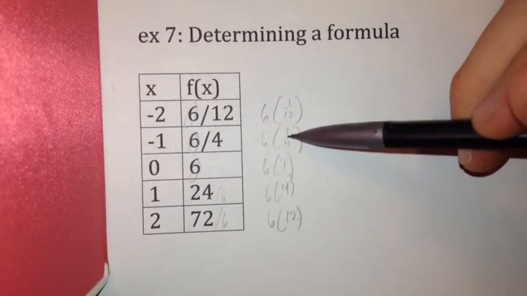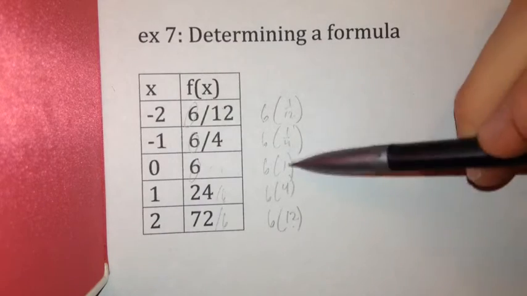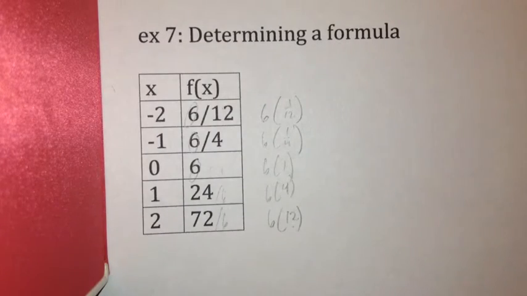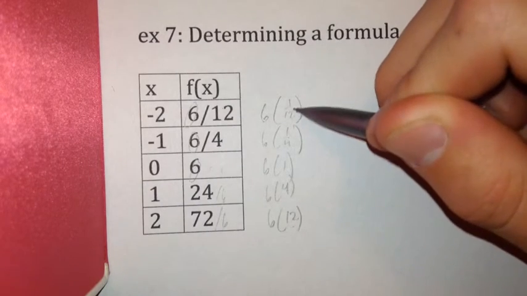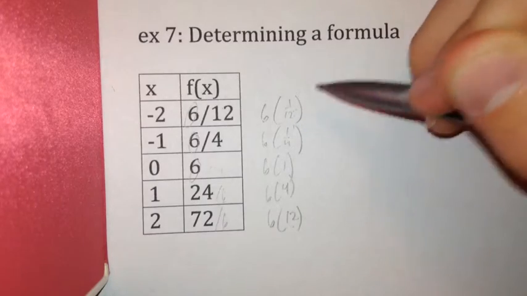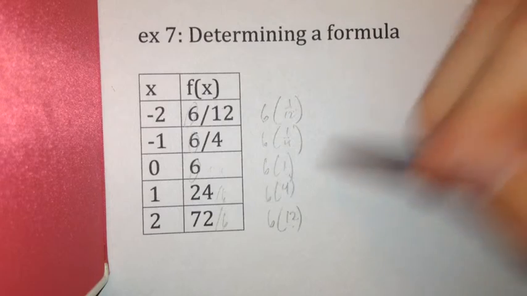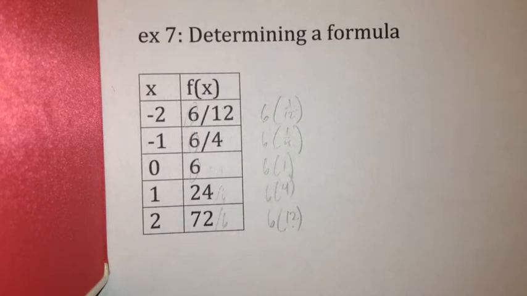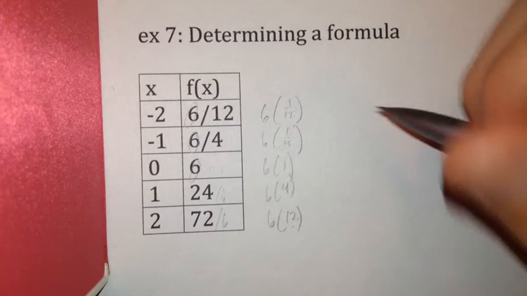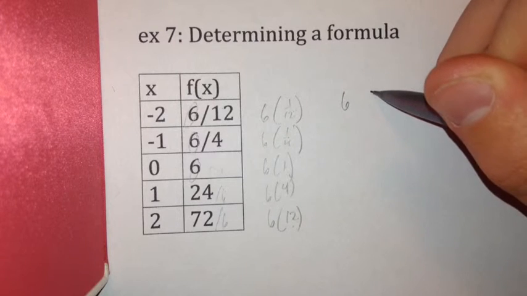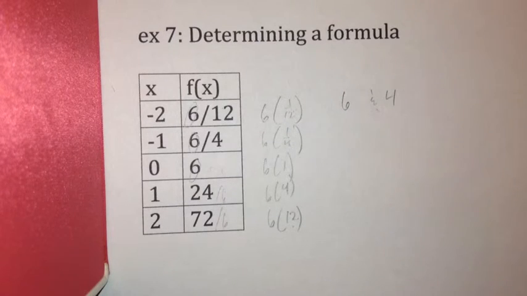So we have 1/12, 1/4, 1, 4, and 12. So one number that goes into all these numbers, besides 1, is 4. We have 4 and 12, which is 1 over 3. 4 in this one, which is just 1. 1, 4. They all have 4 in common. So basically you have 6 and 4.